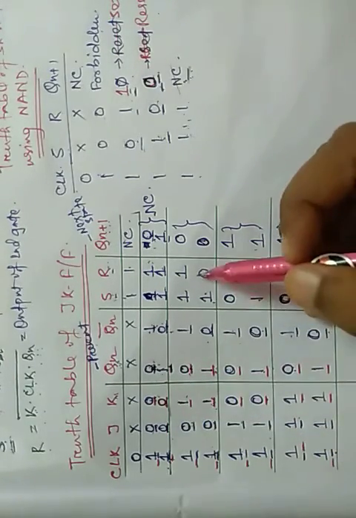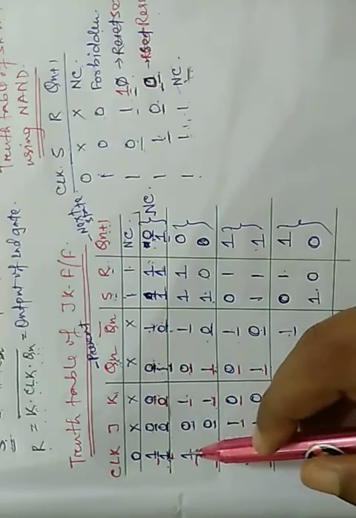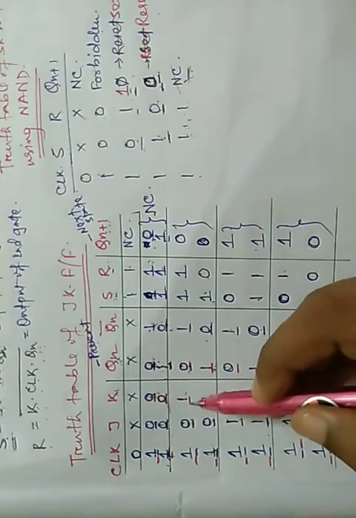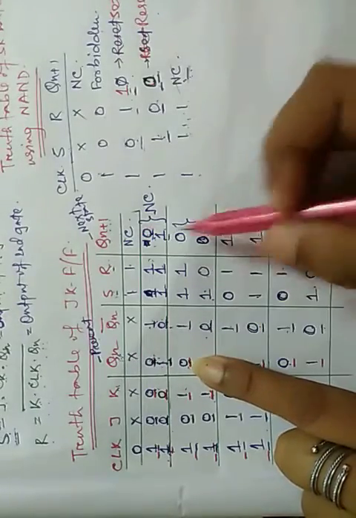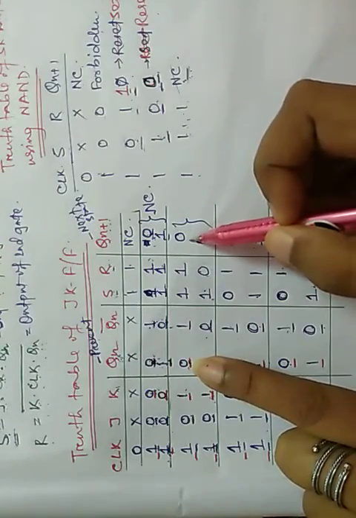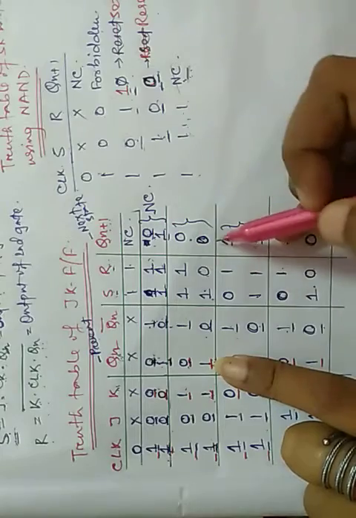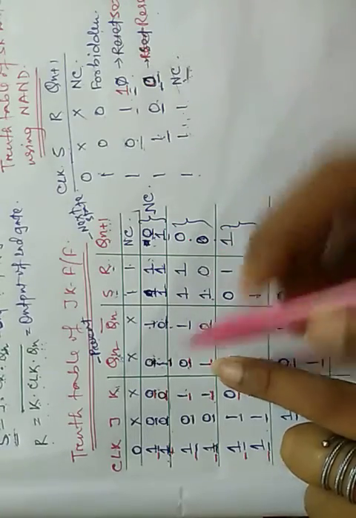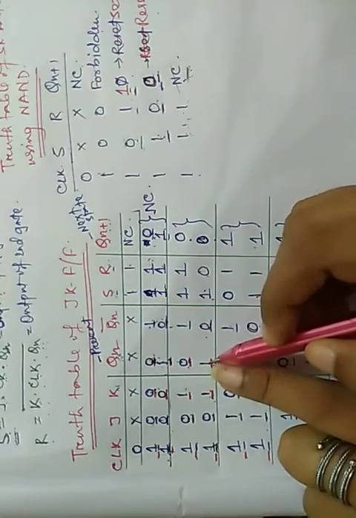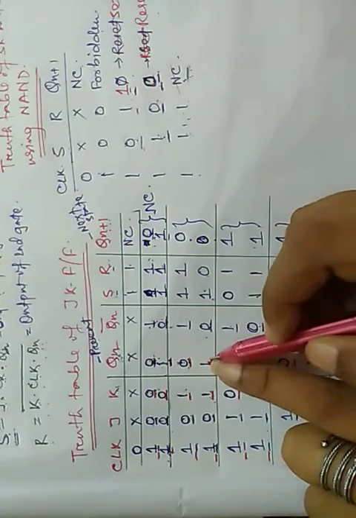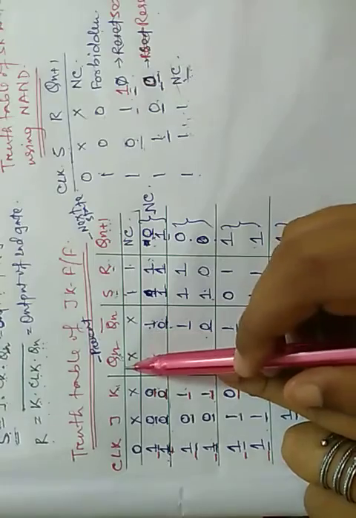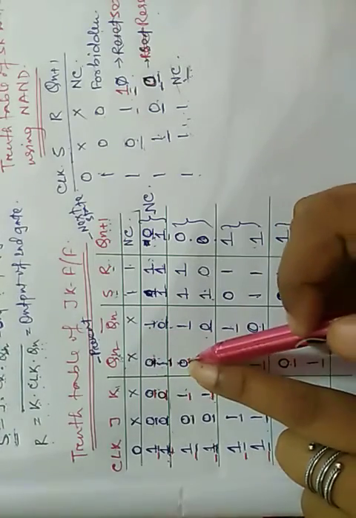Now for the second condition, when J is 0, K is 1. You can see that when Qn is 0, next state is 0. When Qn is 1, next state is 1? That means whatever be the value of Qn, for Qn is 0, for Qn is 1, obviously for a single line there are two possibilities, 0 and 1.